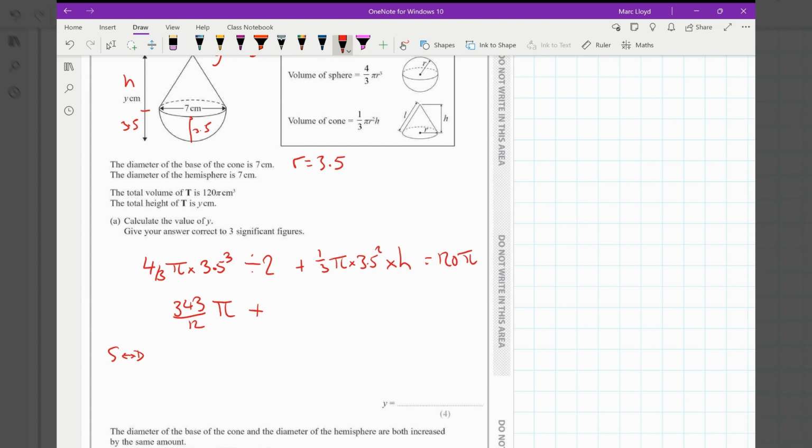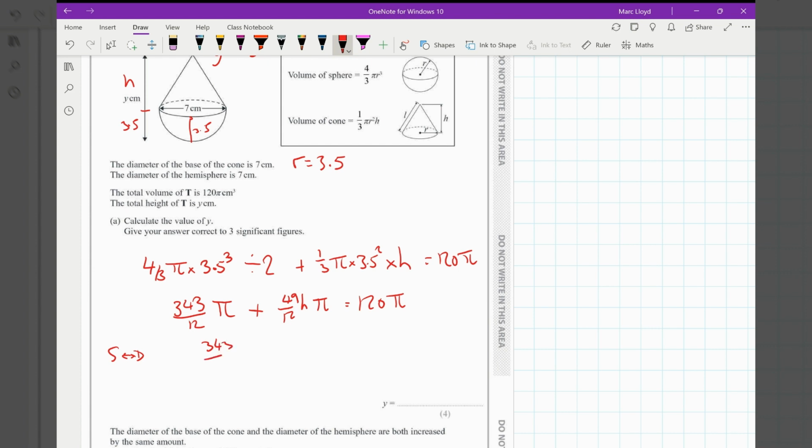And then that's going to be added to the next bit, so let's work this out. 1/3 times 3.5 squared. That is 49 over 12 h pi. And that equals 120 pi. Okay. Next step, divide everything through by pi.